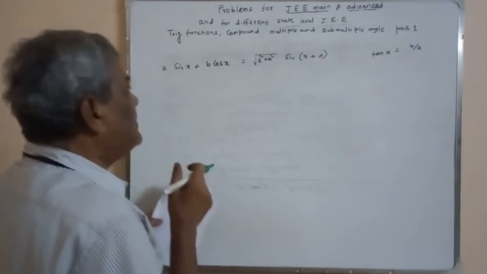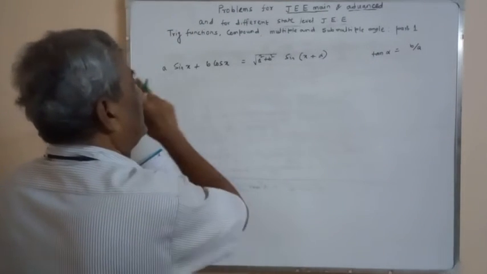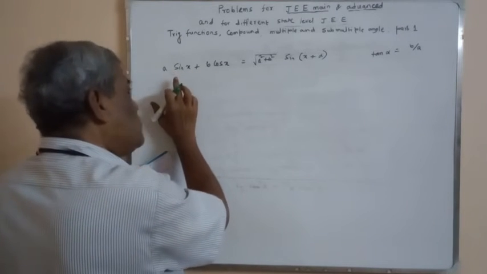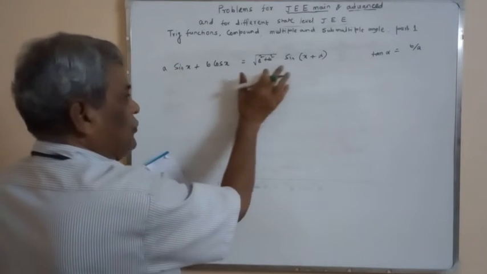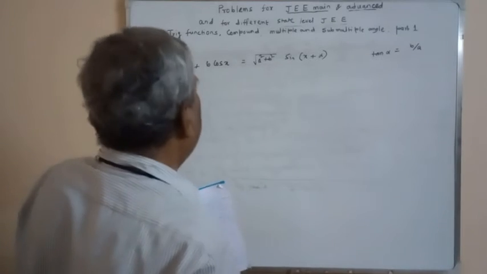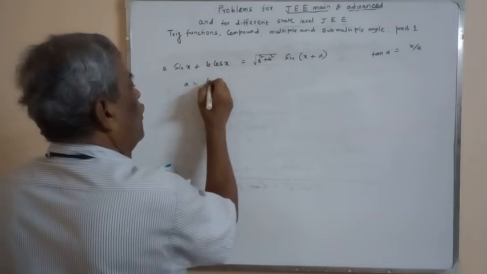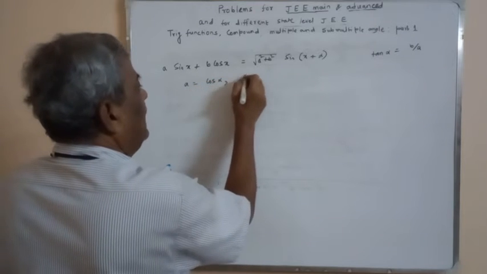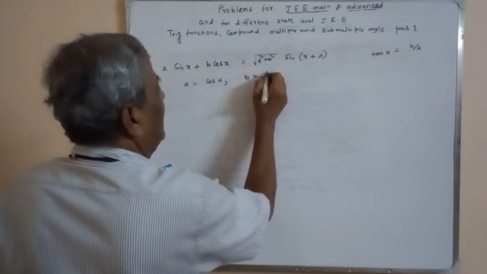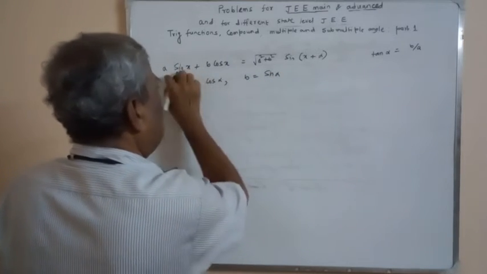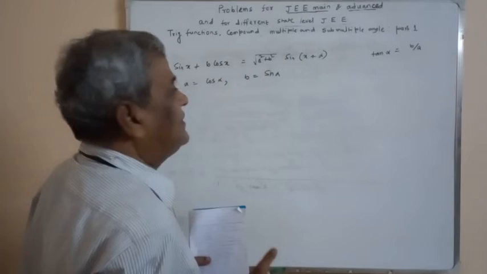This can be obtained if you put a equal to r cos alpha and b equal to r sine alpha.